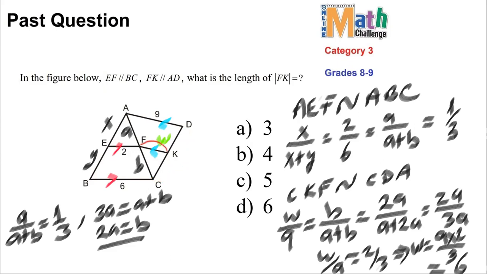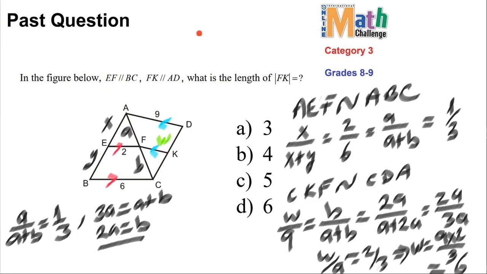So the same ratio will be between W and 9, because CKF is similar to CDA, because these two are parallel. These angles are corresponding angles. So we can write similar equations for these two triangles.